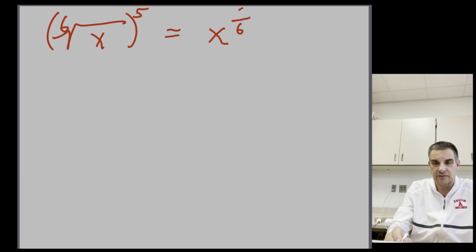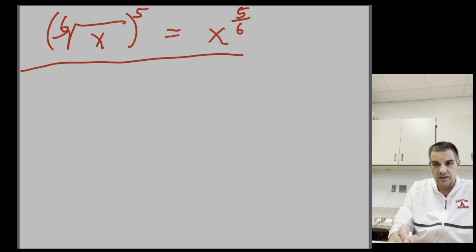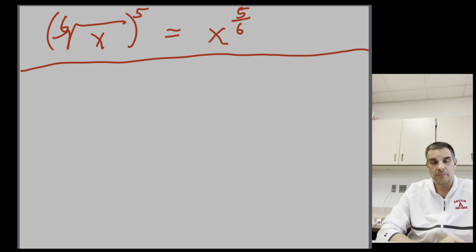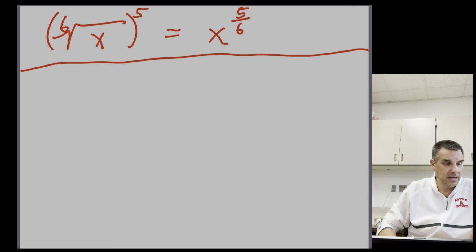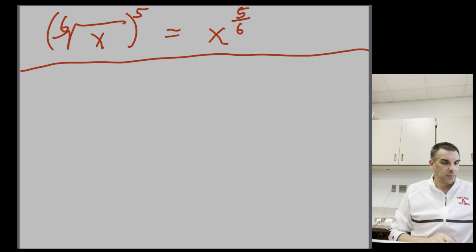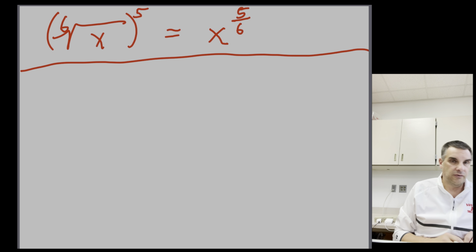The 5 goes in my numerator. So these two things are equivalent to each other. And when we start multiplying these things, which we're going to do eventually, trying to take the 6th root of x to the 5th times the 5th root of x to the 4th, not something you really want to do. But if we can rewrite them as exponents, it does make life really a whole lot easier for us.